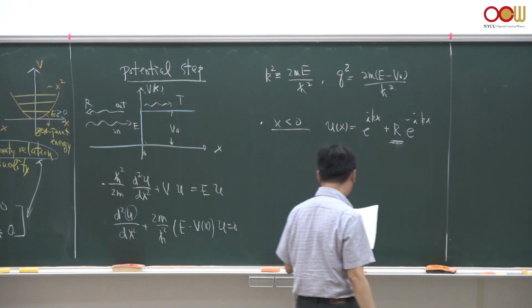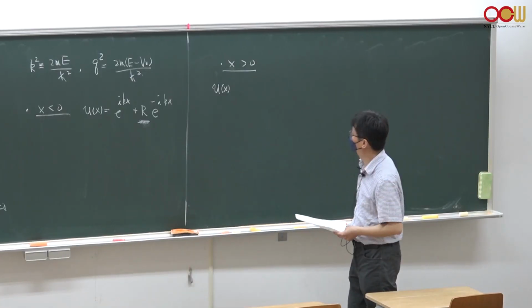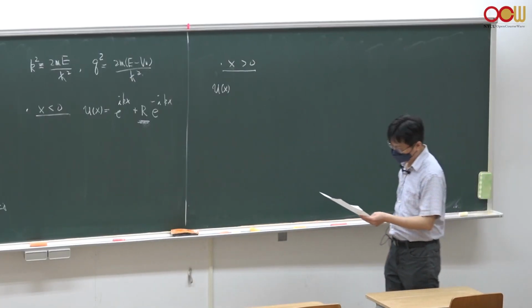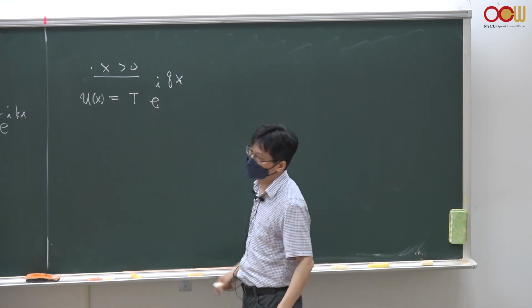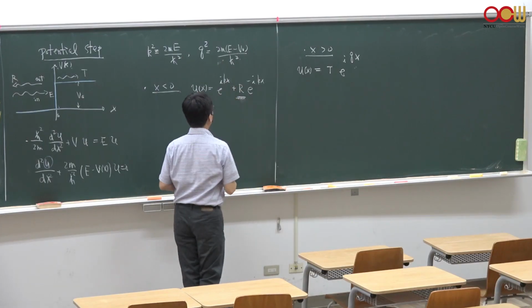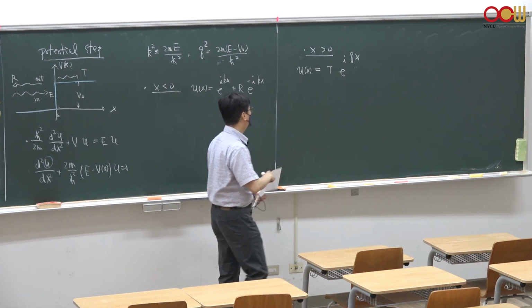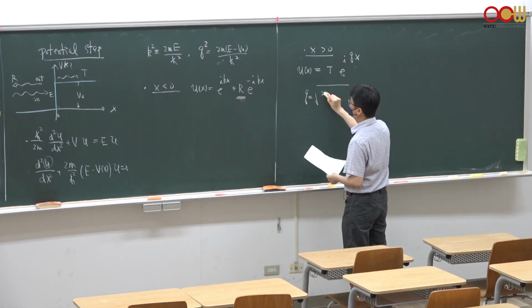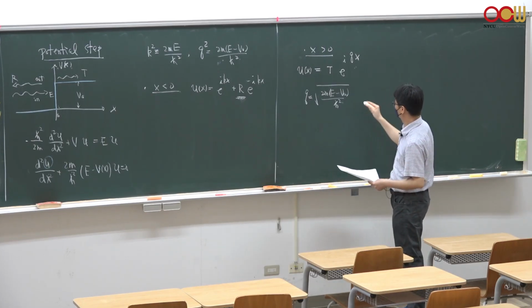Of course, for the positive region, x positive, this wave function can be written in terms of the exponential factor e to the iqx, where q is defined as the square root of this quantity right here. So you can see very clearly that q could be either real or purely imaginary.